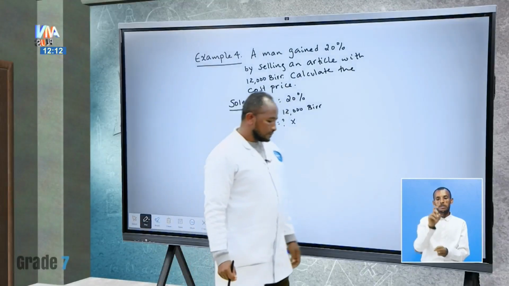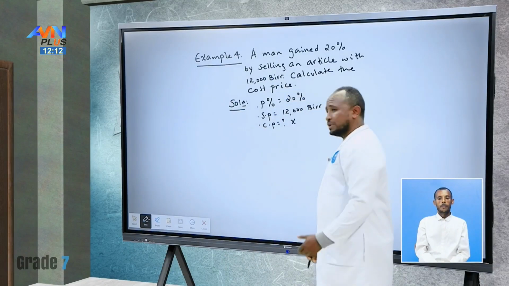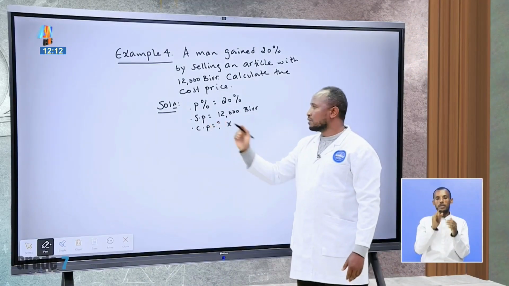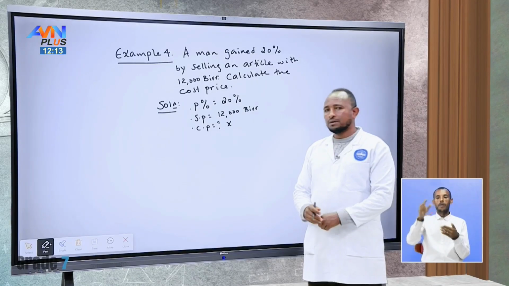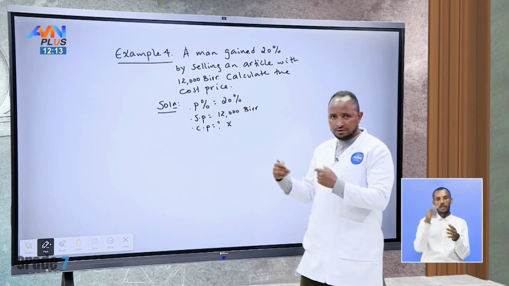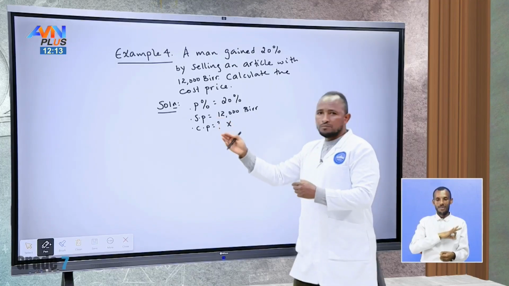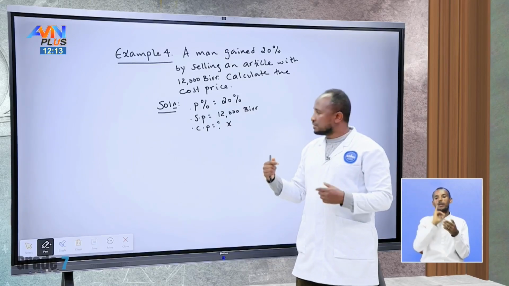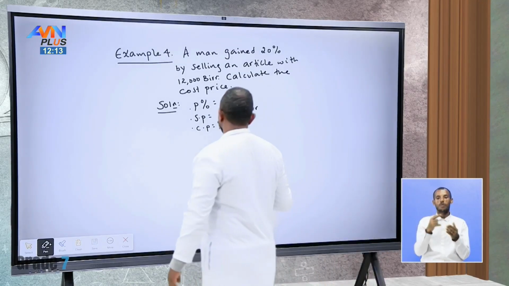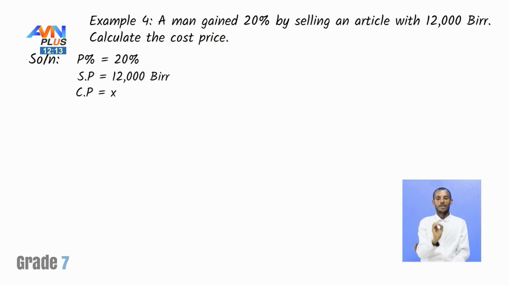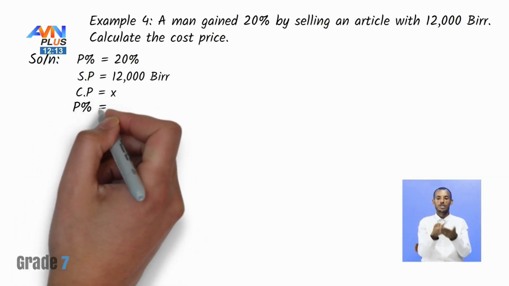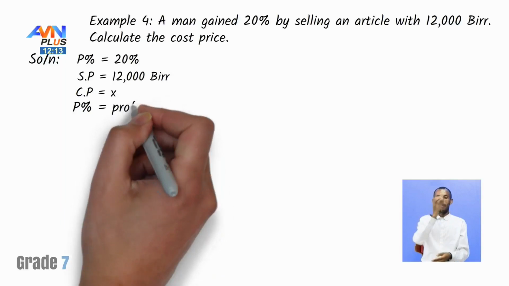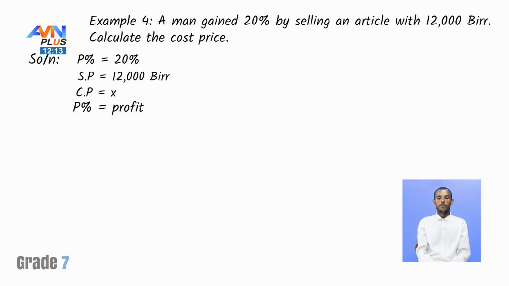In this case, which one is bigger, the selling price or the cost price? Good. Since he has a profit, he sold more than the cost. So, the selling price is bigger. Therefore, here to calculate the profit percent, we use this equation. Profit percent is equal to profit divided by cost price times 100%.